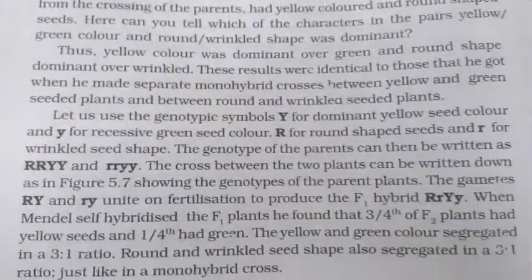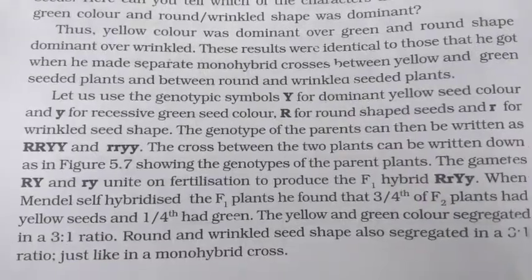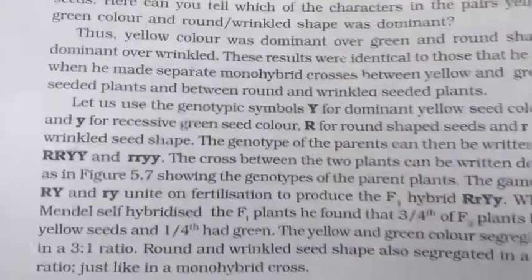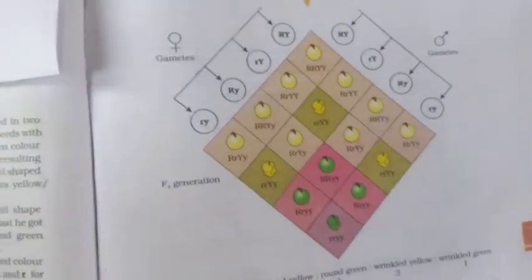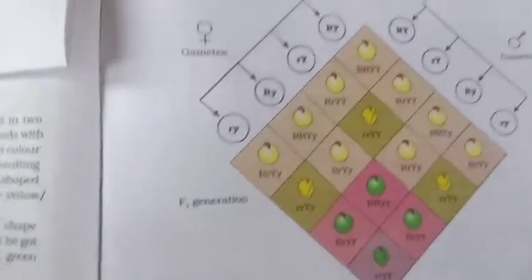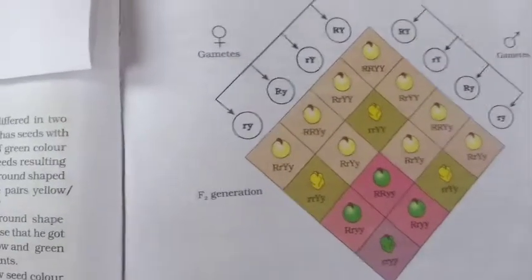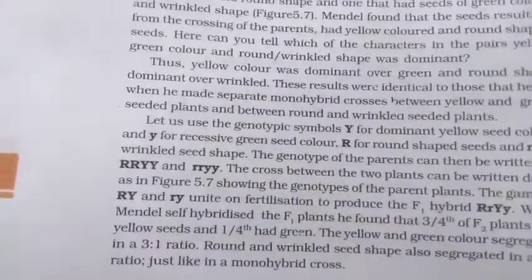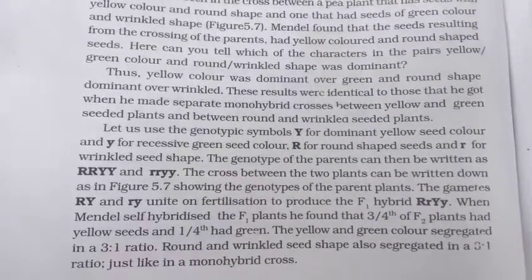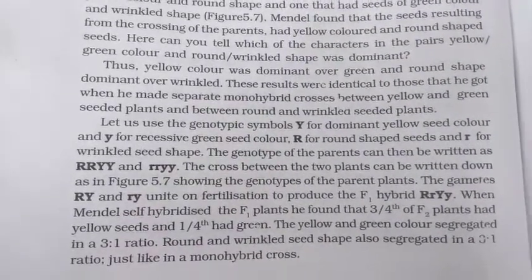The cross between the two plants can be represented by the Punnett square, which makes the study easy.